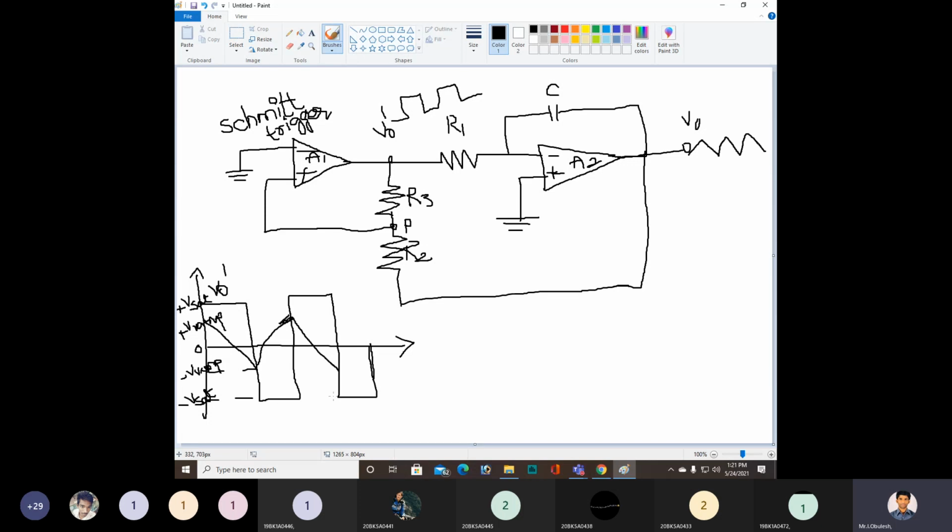So this is the T1, T2. This is T by 2 actually. T by 2 is equals to T, right? Or you need to call 1 full cycle means T1.